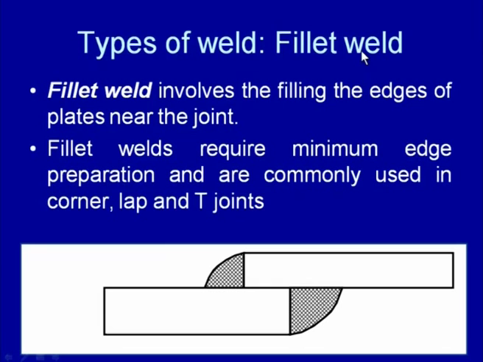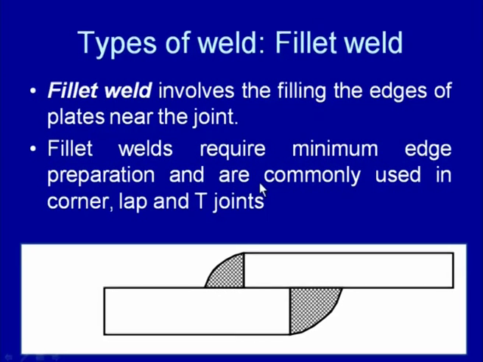And then the fillet weld. Fillet weld involves the filling of the edges of the plates near the joint. For developing the fillet weld, say for the lap joint, the weld metal will be deposited near the edges of the plates to be joined. The fillet weld requires minimum edge preparation and is commonly used in corner, lap and T joints.